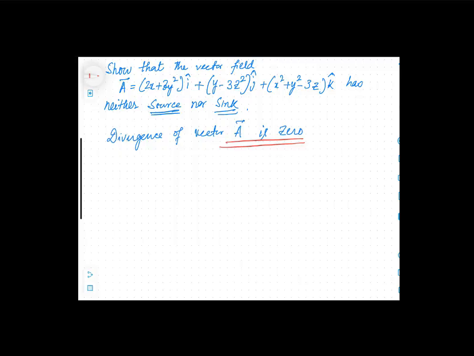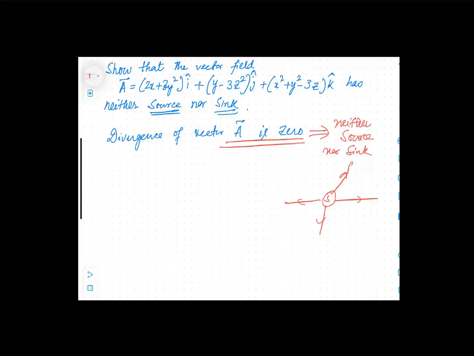for or when the statement says that it is neither source nor sink, which means that when I say it's a source, that means from a given source the vector field originates.